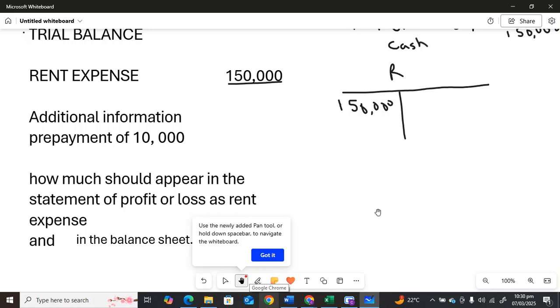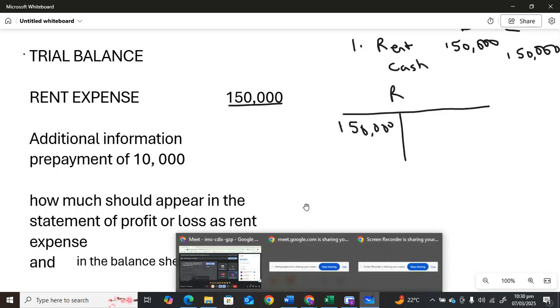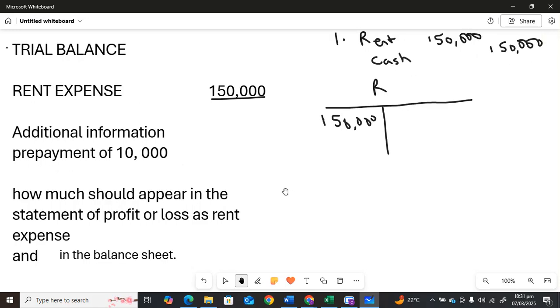So let us solve how much should appear in the statement of profit or loss and how much should appear in the balance sheet. We can answer it as a class. Yes, Mr. Vincent, how much should appear in the statement of profit or loss for rent expense?